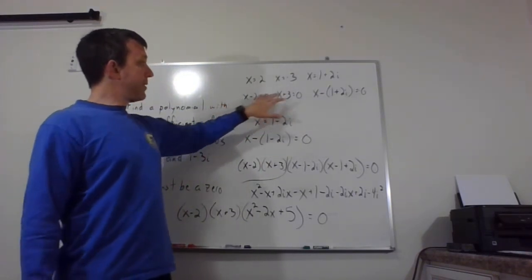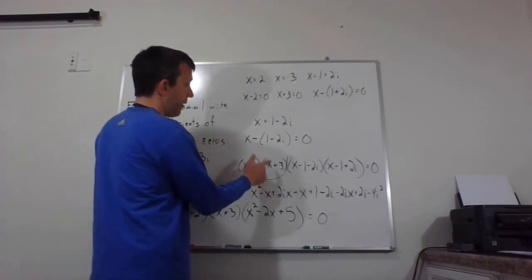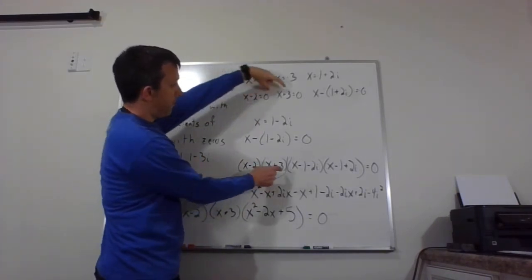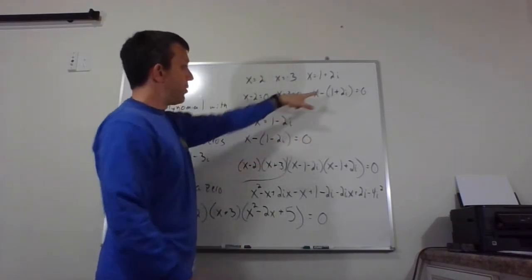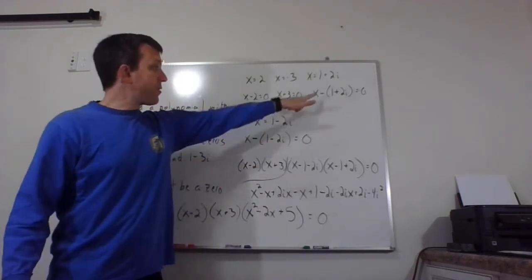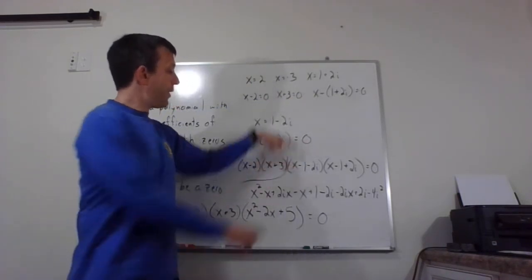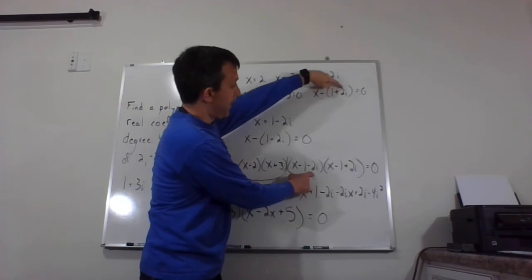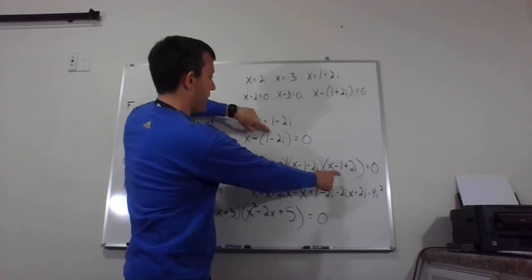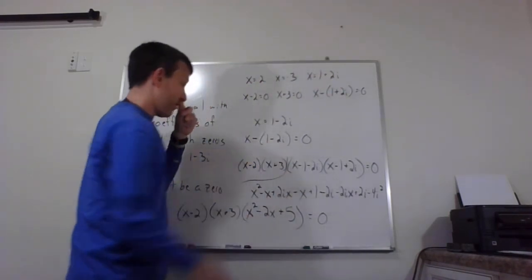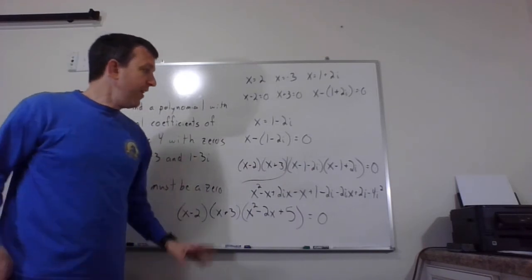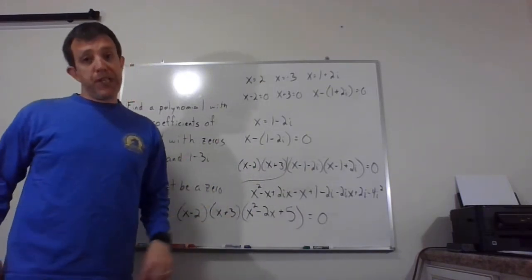So I have 4 pieces here, and you notice I brought them down. Here's my x minus 2, my x plus 3. For the 2 with the complex numbers, I distributed the minus sign. So I have x minus 1 and minus 2i, and then x minus 1 and plus 2i when I distribute that minus sign. So unfortunately, we do need to multiply this out.